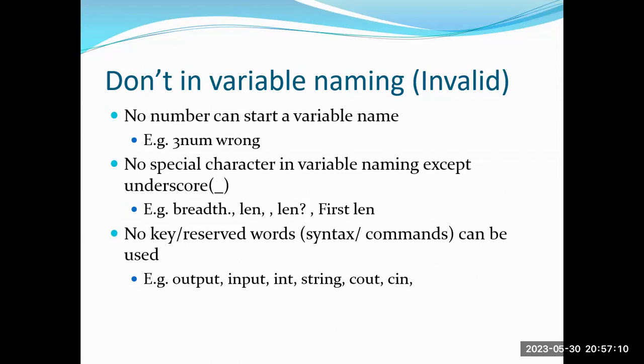Output is for the output command, input for the input command. You cannot use those as a name. And when we start doing the actual programming, for example in C++, we'll be using cout for the outputting command, cin for the inputting command. You cannot use those kinds of words for a variable name. So please, these things are very important.